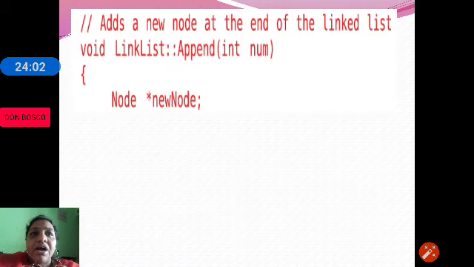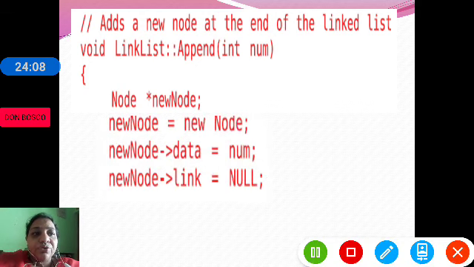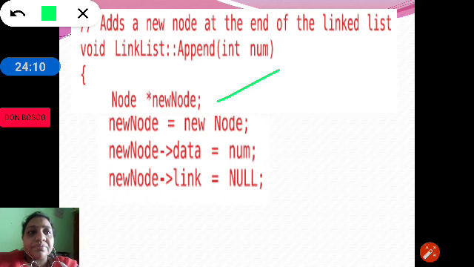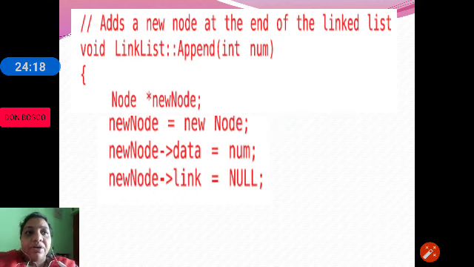Let us see how we can create a new node and then add it. We create a new node, add the data, and make the link null.